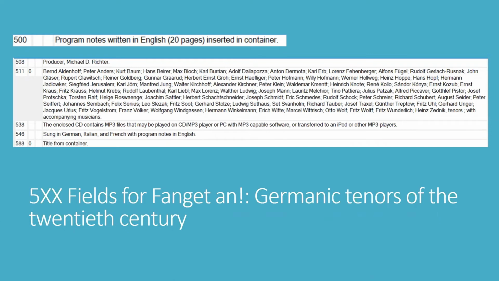Remember from a previous slide that the 546 language note and the fixed field 041 should all be present to record the language of the manifestation. We will look at the language code in the 041 in a minute. When an item is in one language, however, do not add a 546 field. The 588 field, Source of Description note, informs us that the cataloger found the title on the container.